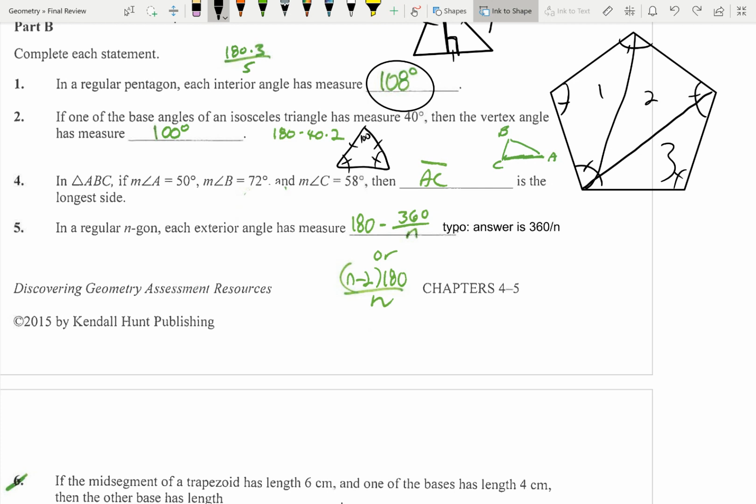So one of them is 72, one of them is 58, and one of them is 50. So this probably is B. Let's make this C and this A. Okay. The longest side is going to be opposite the longest angle, which would be side AC.